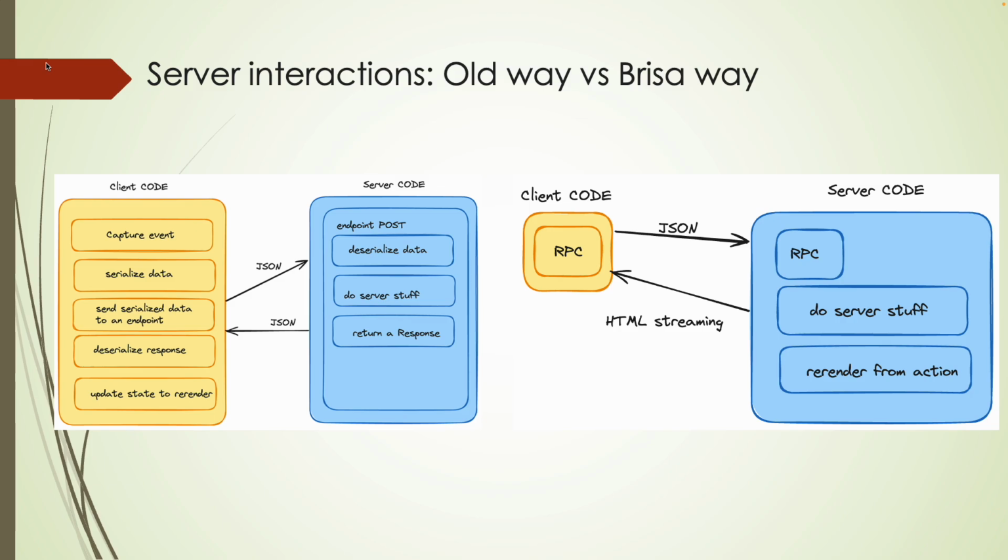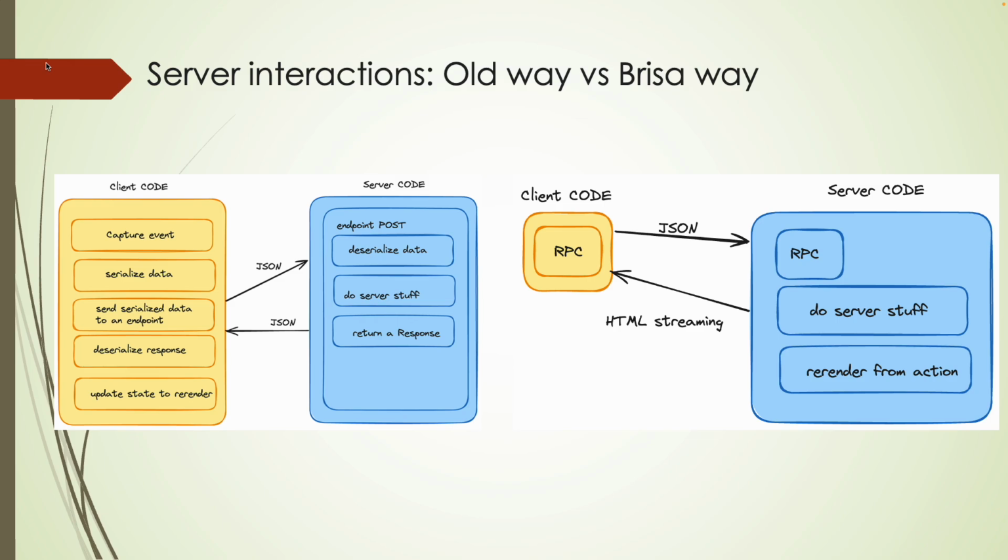But we can do the render on the server. And this improves a lot the user experience because the users see the changes as soon as possible, because we are transferring HTML in streaming. In the traditional way, we needed to await this server response and then do an extra step on the client before the user can see the changes.